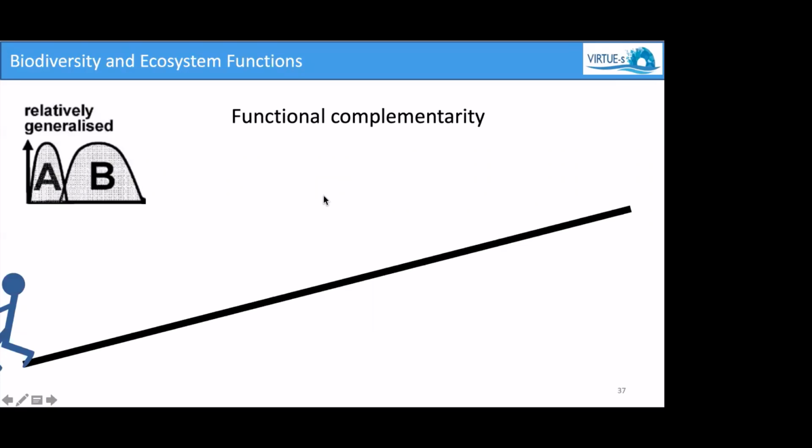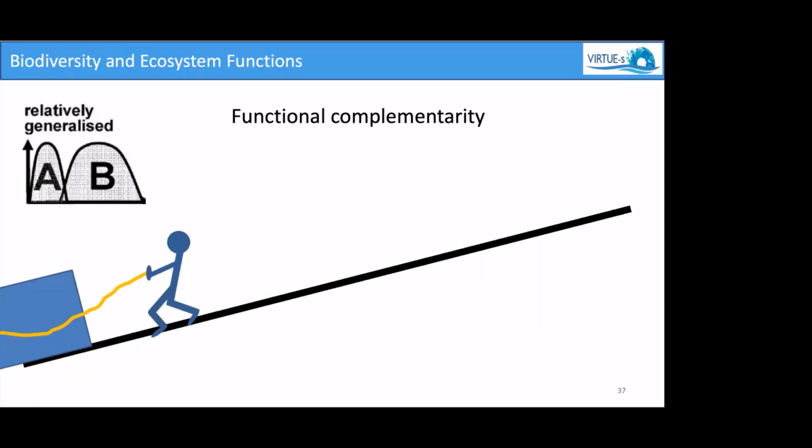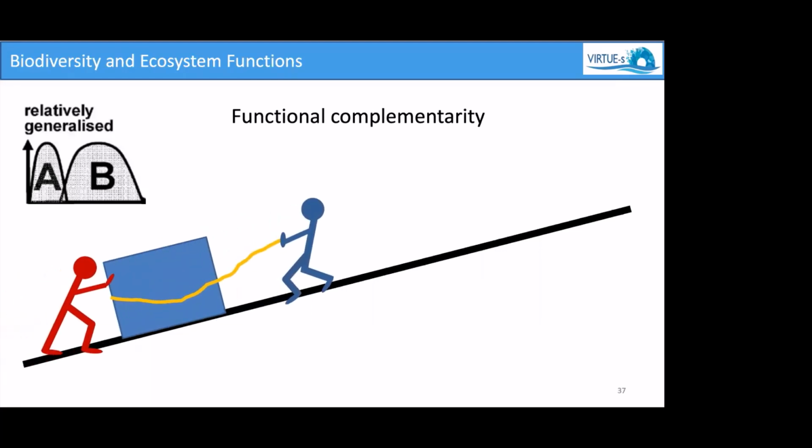Another example of how high biodiversity can cause stability of an ecosystem is through functional complementarity. Here we have two species, but these two species are specialized. One is a pusher and the other is a puller.